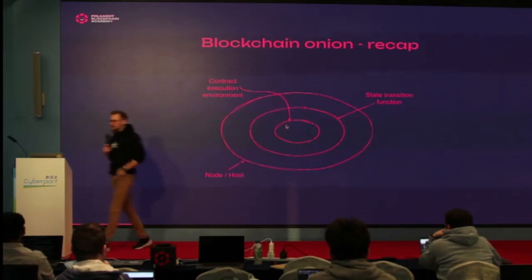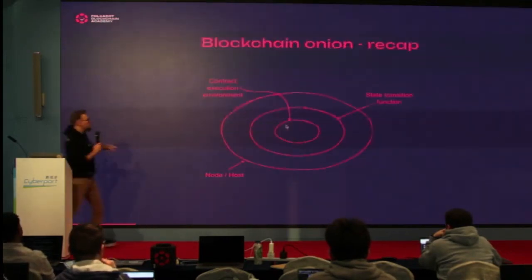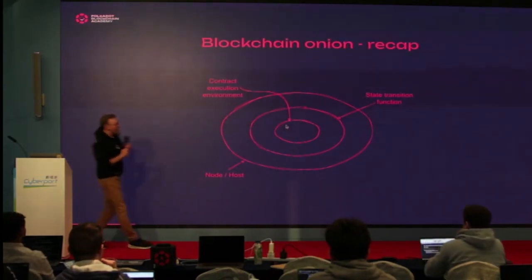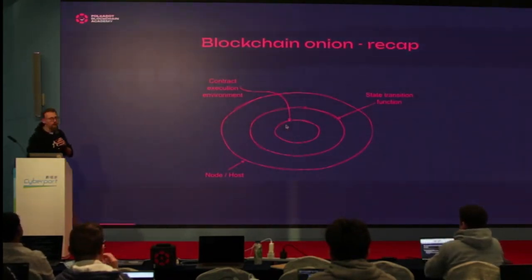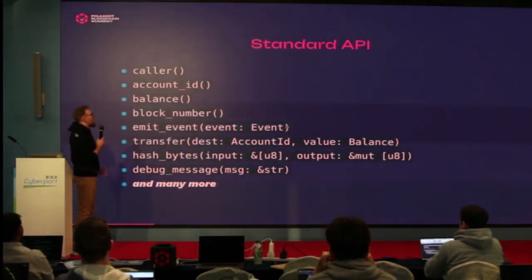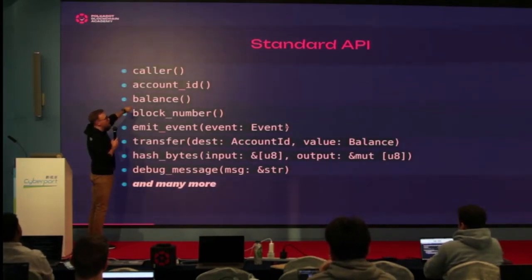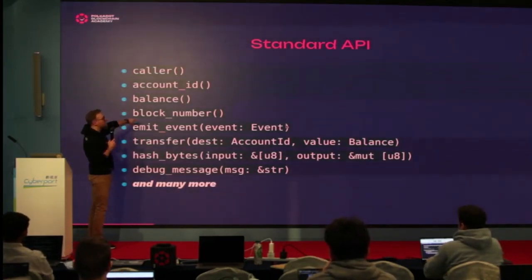How do we do it? Well, the state transition function exposes some API, especially for contracts. So a contract can ask its execution environment: who has just called me, what is my account address, how many tokens do I have, what is the current block number?